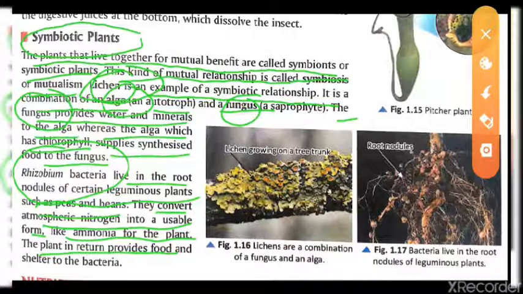In their root nodules they have a special type of bacteria, and that bacteria fertilizes the soil. How? They trap the nitrogen and convert it into ammonia, which fertilizes the soil. That means they are helping us. In return, the plant provides the food and the shelter to the bacteria.